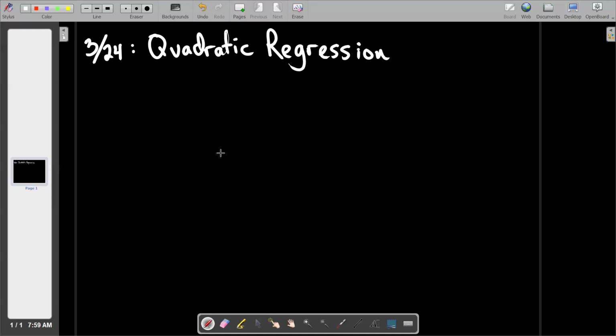But if it's a quadratic regression, just to give you some perspective, if I had 3 points here, here, and here, then I would say, okay, I need to fit a quadratic through these. We don't know exactly what it looks like, but we would guess that it goes maybe something like this.